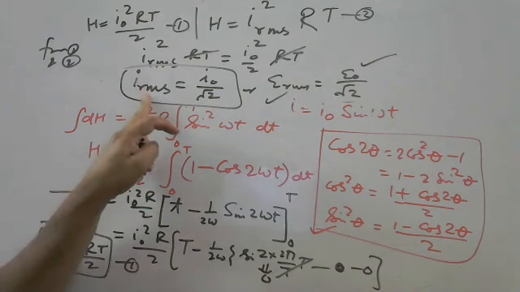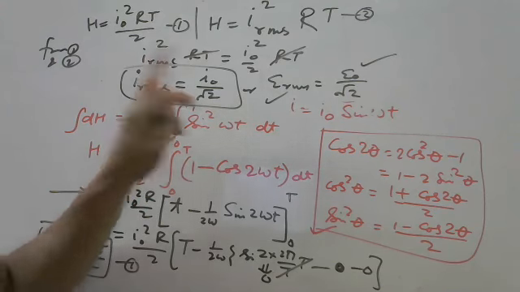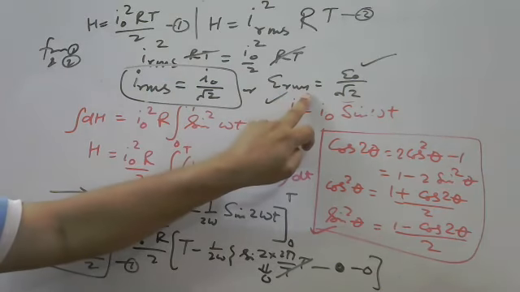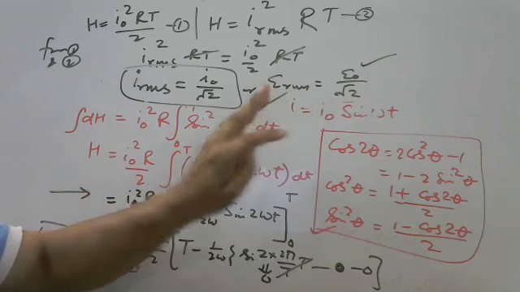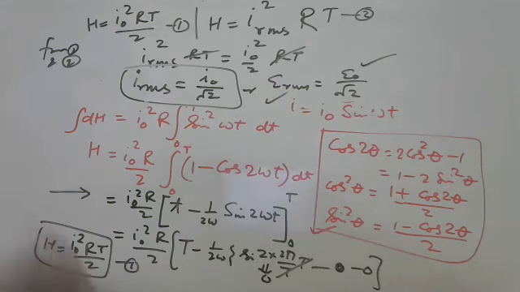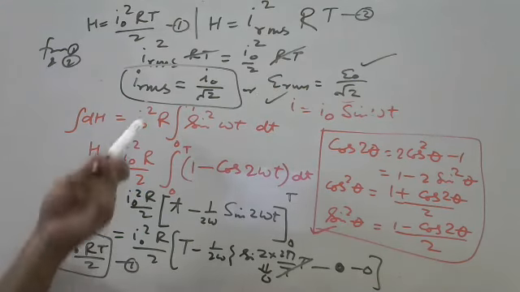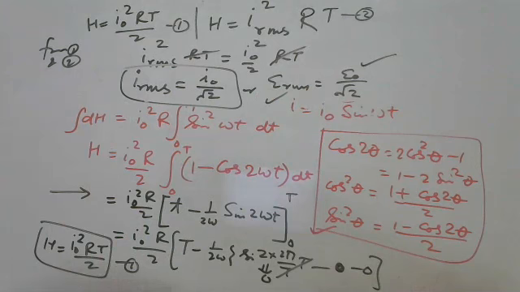So these are effective current and effective voltage or EMF in one cycle. Either you say effective value, virtual value, or RMS value, everything is the same, only the name is different. So this is the derivation of RMS current and RMS voltage for one full cycle.